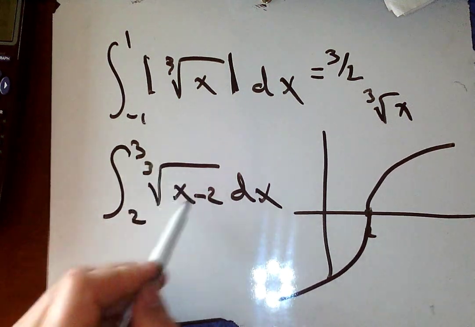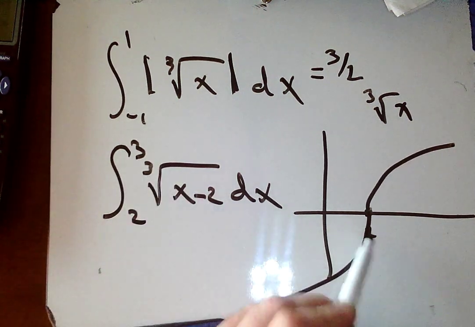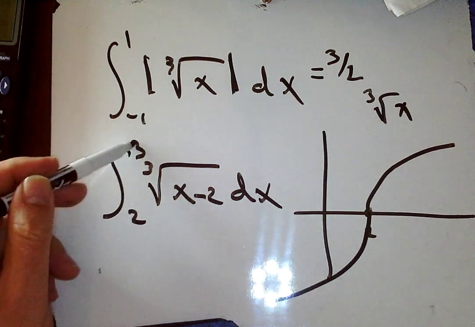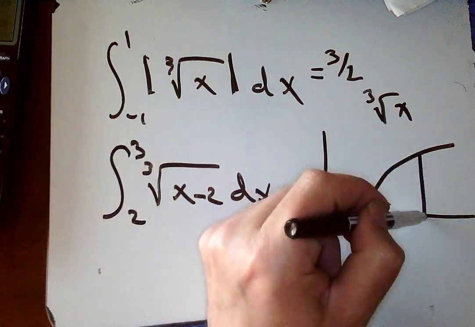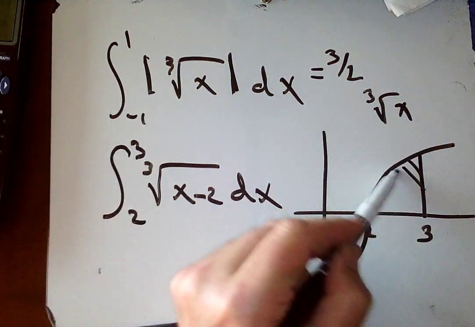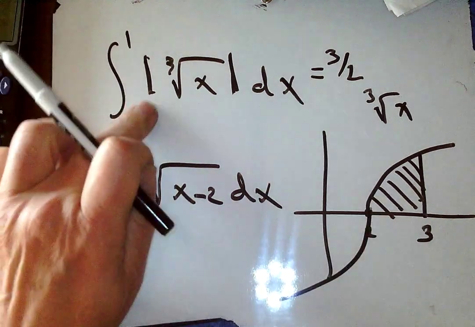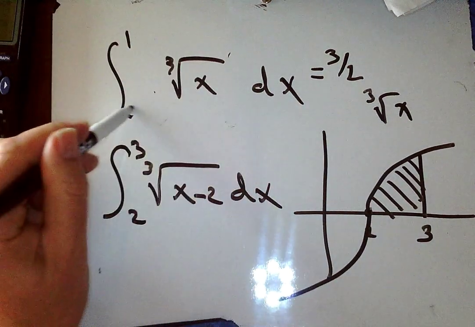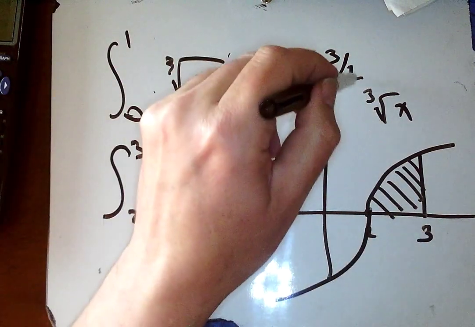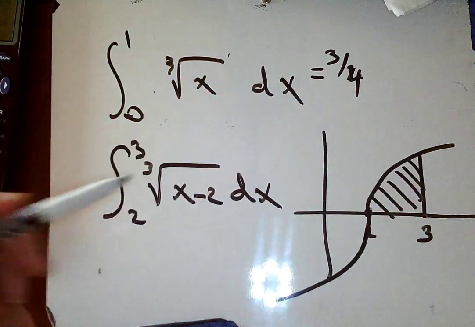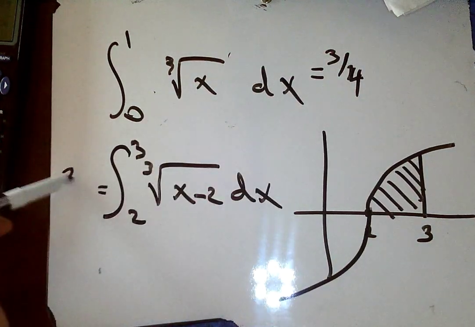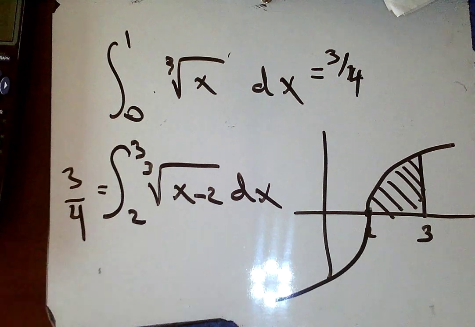Because we're just taking cube root of x and shifting it right 2, and I want to go from 2 to 3. I want to go from here to here. Well, isn't that the same shape as this one from 0 to 1 that was equal to 3/4? Well, yes, it is. So guess what? This is 3/4.